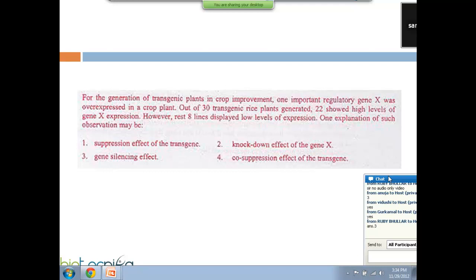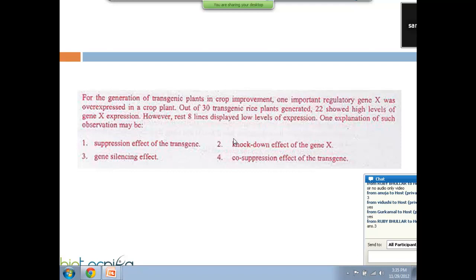Definitely not a gene knockout, because it is transgenic. We are adding some gene. So suppression of the effect of the transgene is definitely not the case, because we are looking at an expression plasmid which will insert and express. It happened in 20 out of 30 to show the expression, but only 8 do not have it.